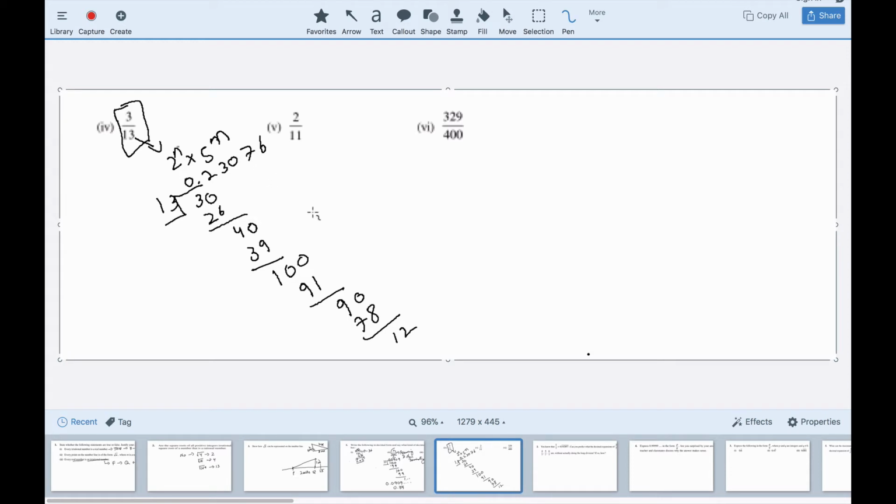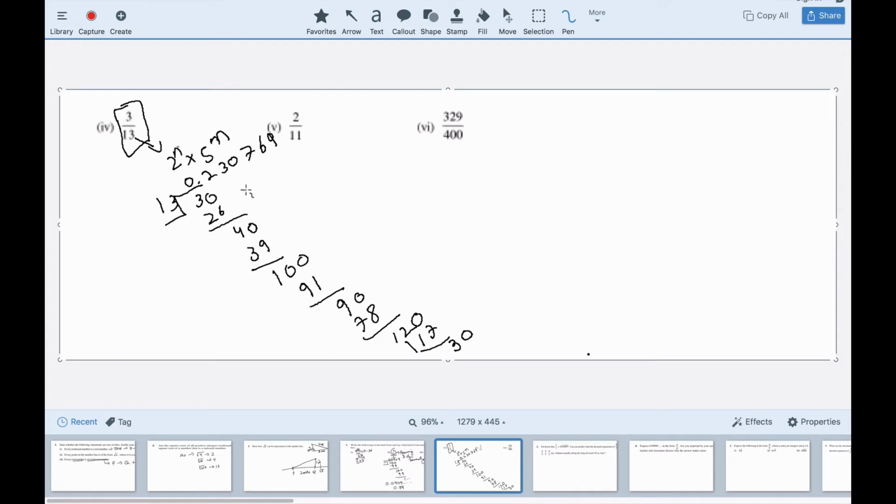And then I can again put a 0, and then again at 9 I can try. 13 into 9 will give me 117. I'll be left with 3. So you can see it will go all the way to the starting.